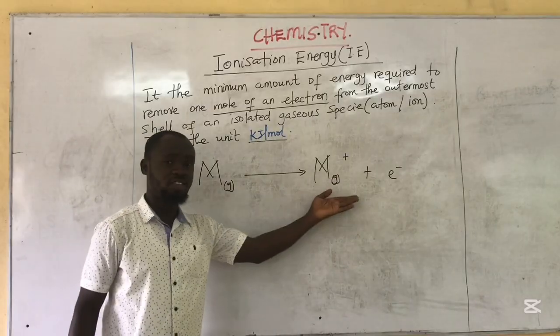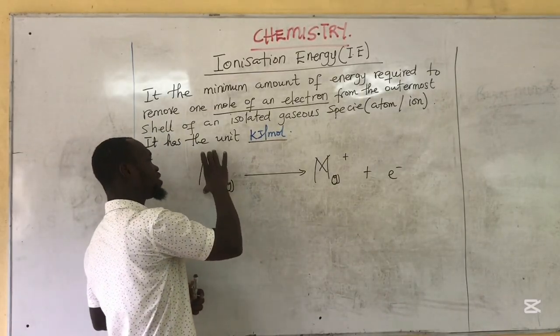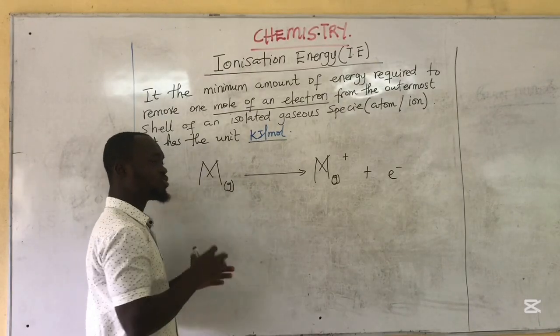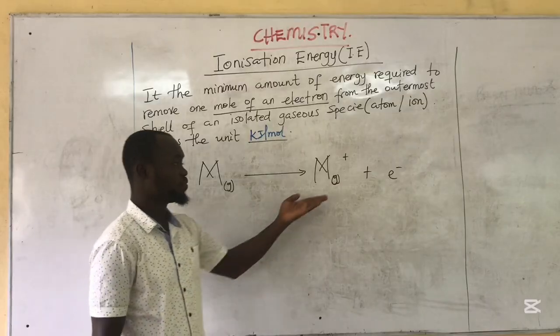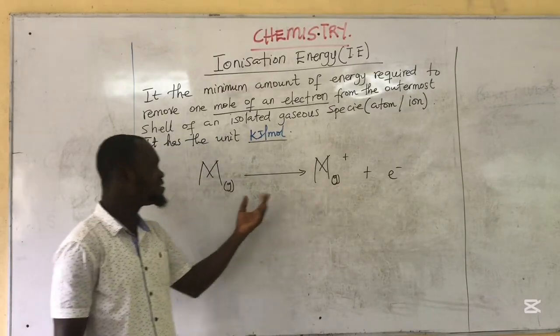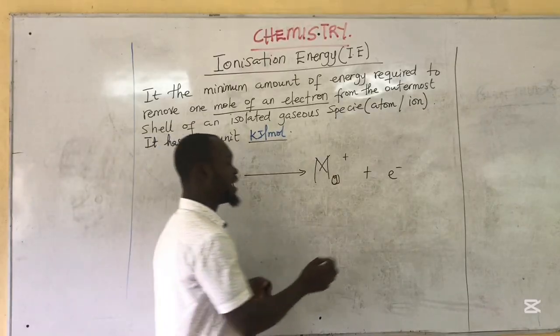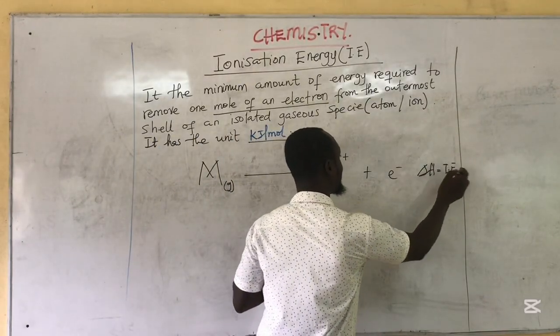What is the meaning of this equation? This equation means that we've removed an electron from M. And once an electron from M is removed, it is no more an atom. It becomes an ion, and that ion is a cation. The enthalpy change, or the energy required to remove that electron from M, is what we call the ionization energy.